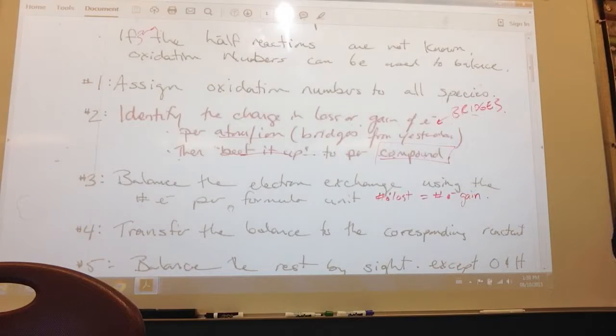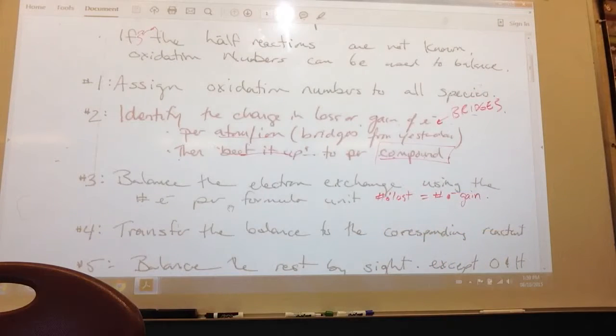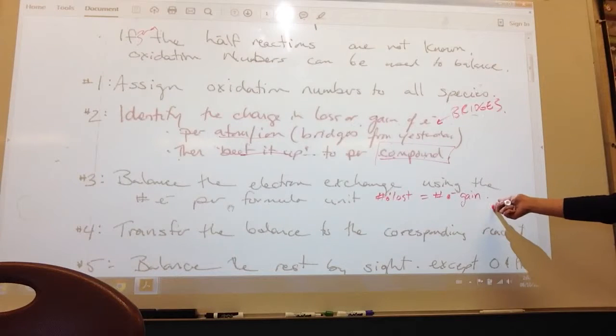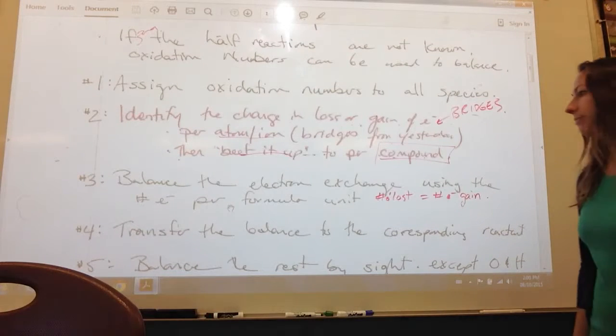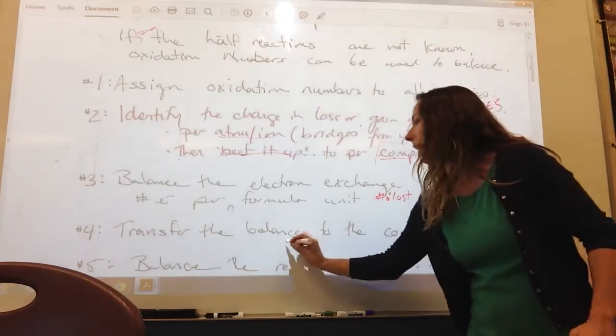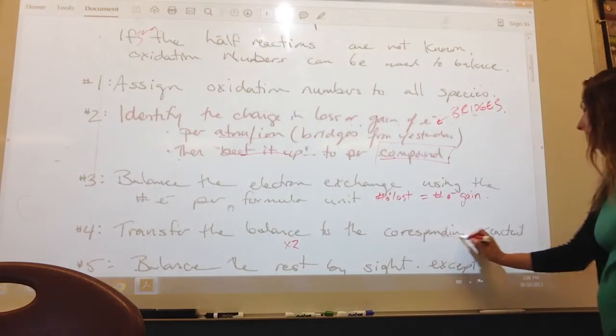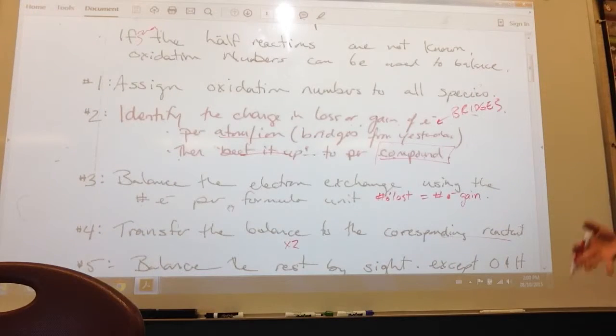Number 3 means number of electrons lost equals the number of electrons gained. And you've done this in a variety of different ways. It's the same thing, just different. Then we're going to transfer all the multiplications that we do to the reactants, like at the end of the bridges.